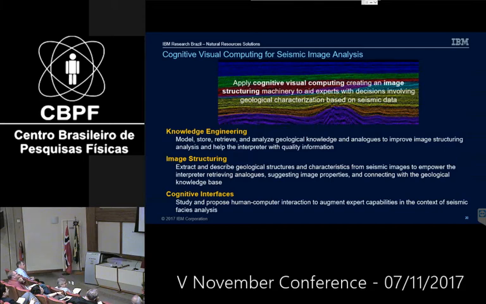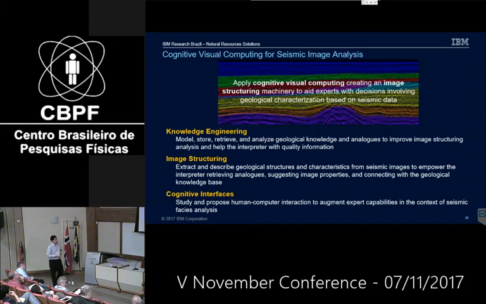Then, this project that we have been working on for 2 years now is creating this cognitive visual computing for getting image structuring for seismic images. Why am I saying image structuring, not geological structuring? Geological structuring is something like a salt dome or a fault set.